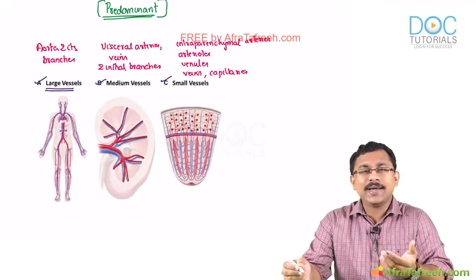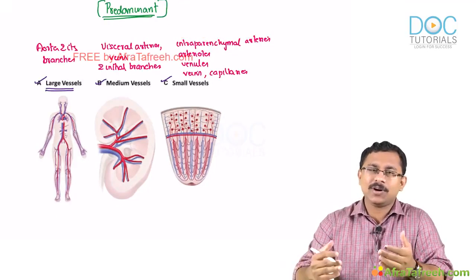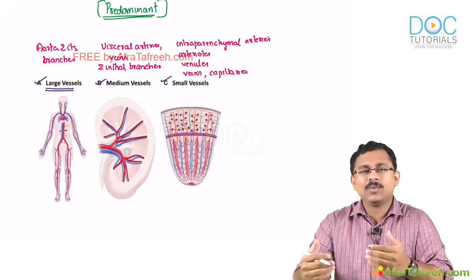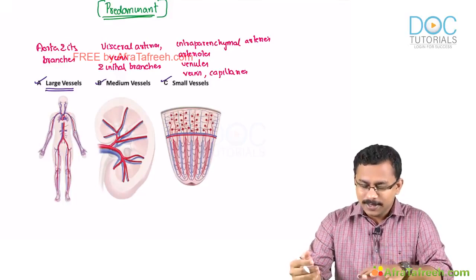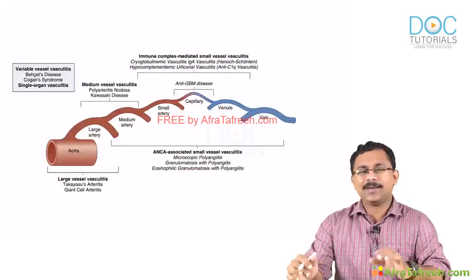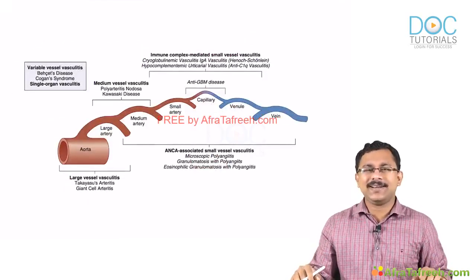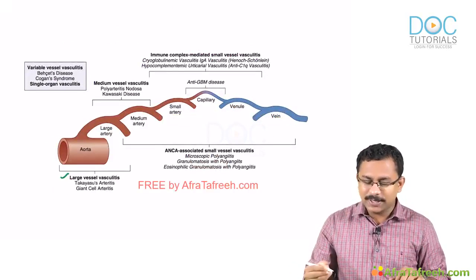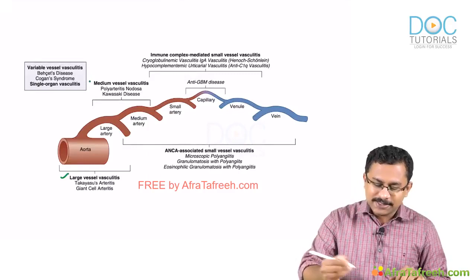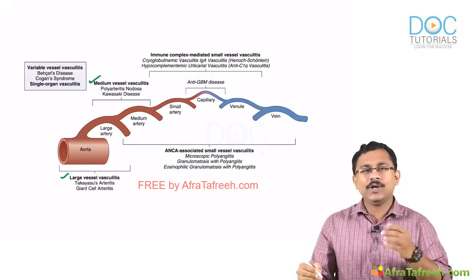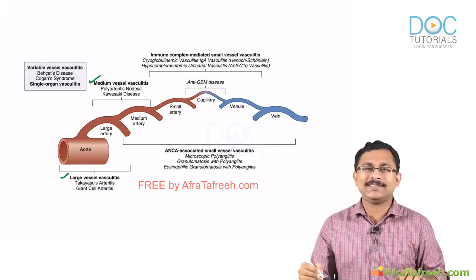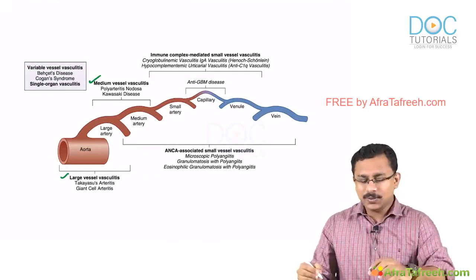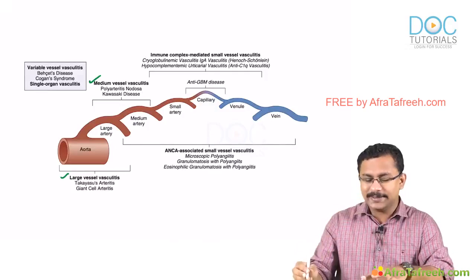So let's see how they classified this vasculitis and what are the individual entities coming under this, because once we see that, we will go to the individual entities. Okay, so this is a picture of the classification of vasculitis into large vessel vasculitis, medium vessel vasculitis, and then you have the small vessel vasculitis, which is divided into two, okay, that we'll learn. So first of all, let's see how did they classify.